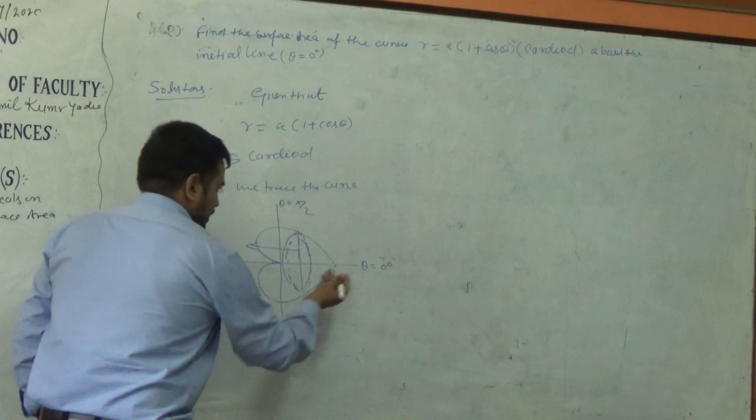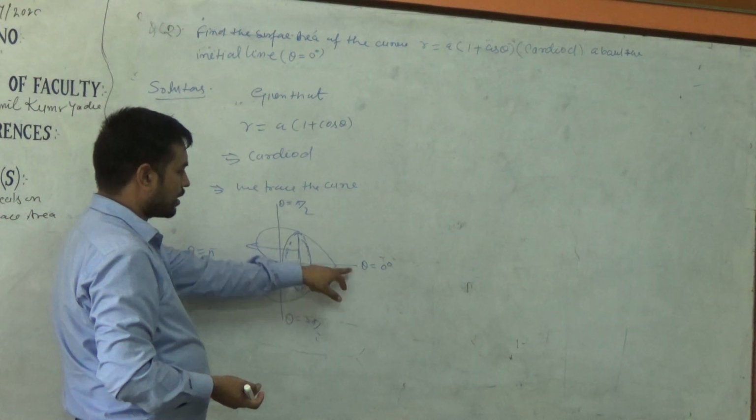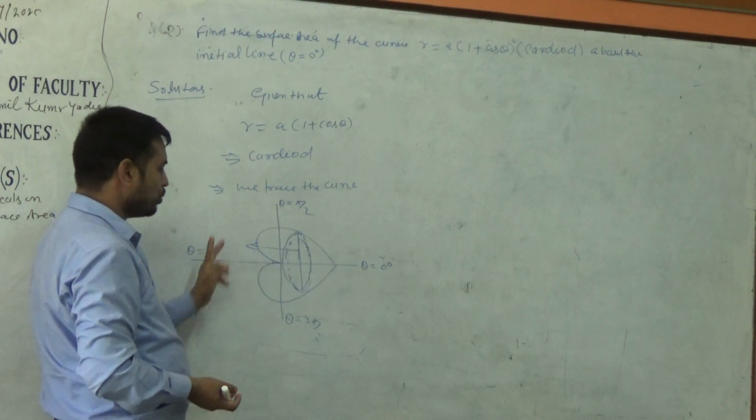Now, in the first quadrant theta varies from 0 to pi by 2, and for the upper half theta varies from 0 to pi.